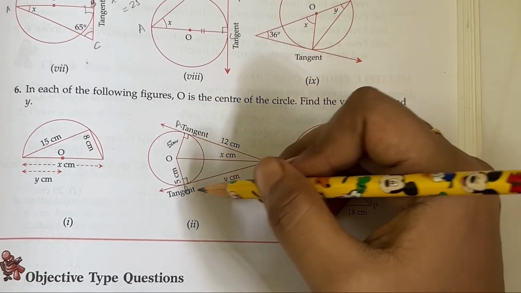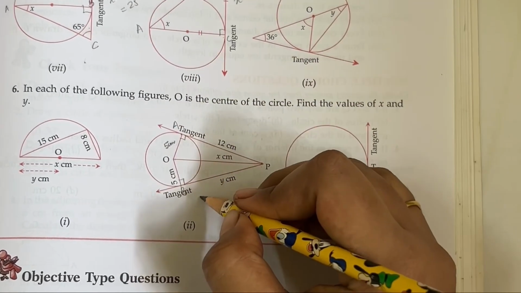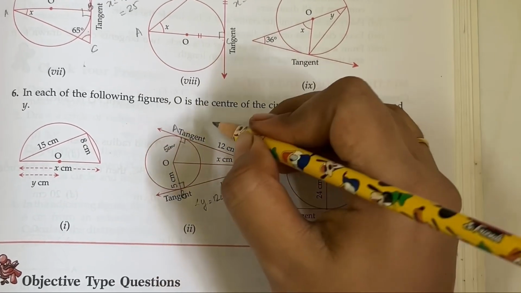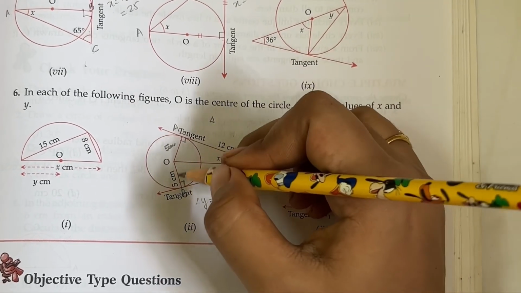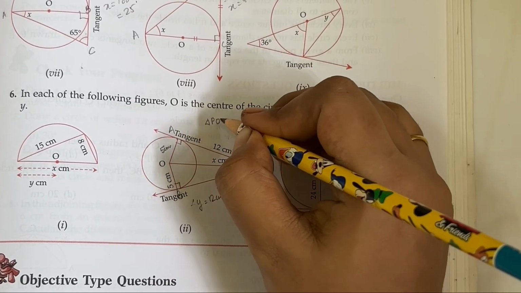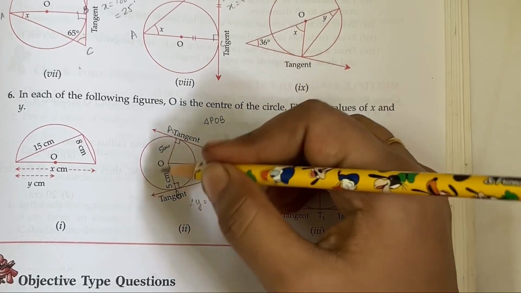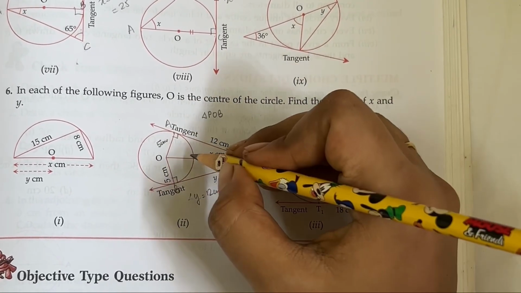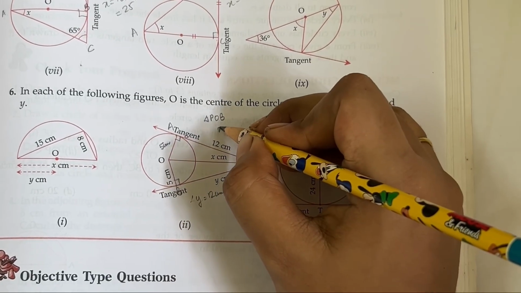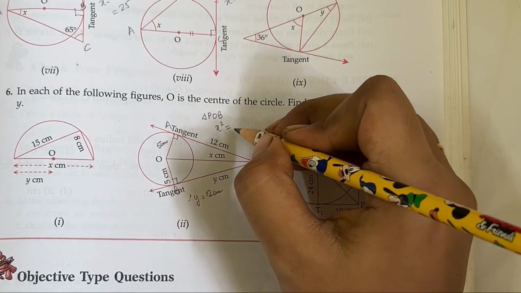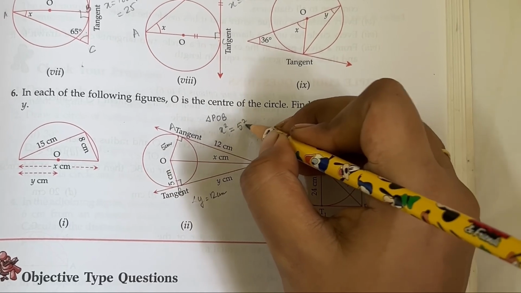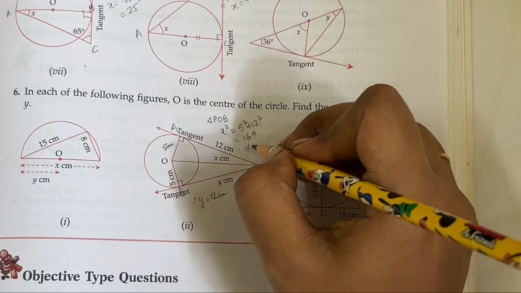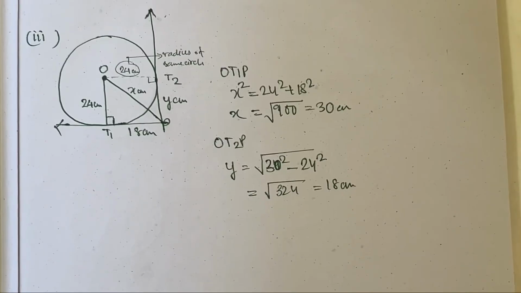So tangent PB will also be 12. So therefore y will also become 12 centimeter. Now for triangle POB, we are going to apply Pythagoras theorem. So hypotenuse square, that is x square, is equal to 5 square plus 12 square, that is 169. So therefore x will come as 13 centimeter.